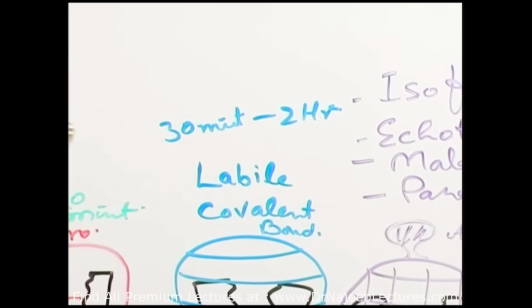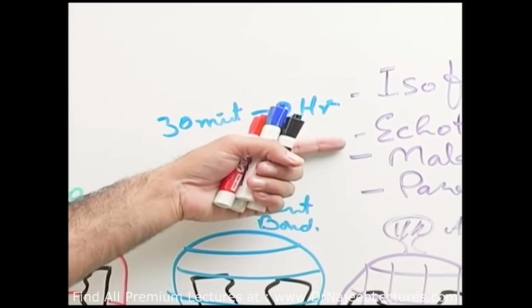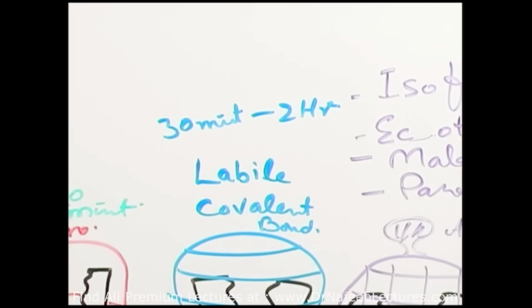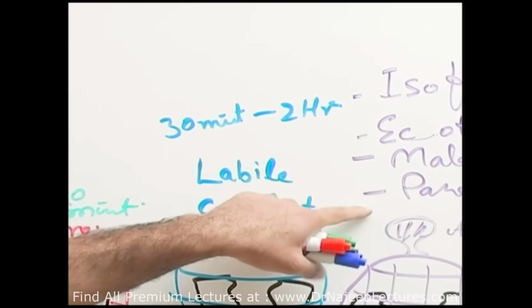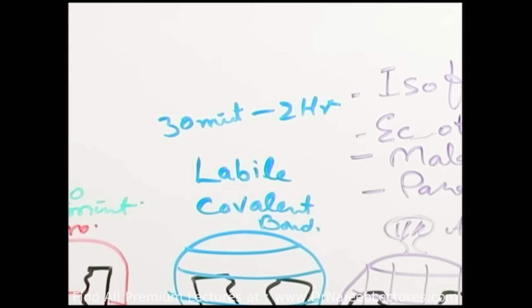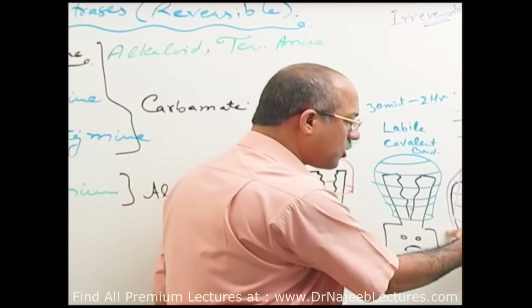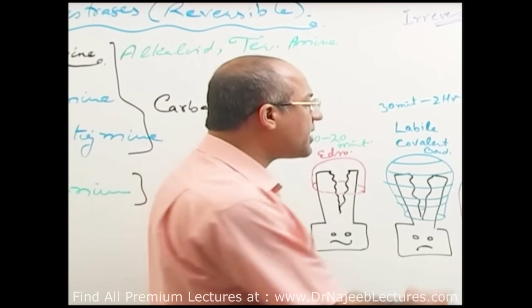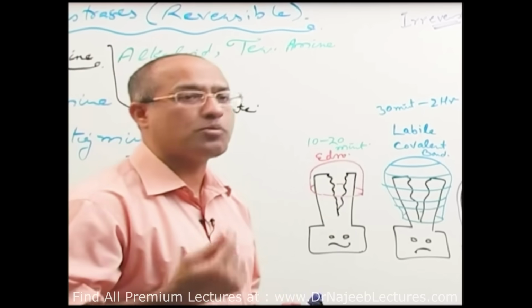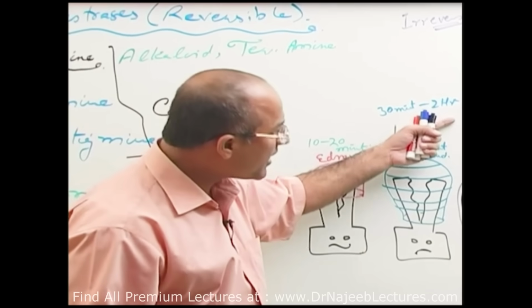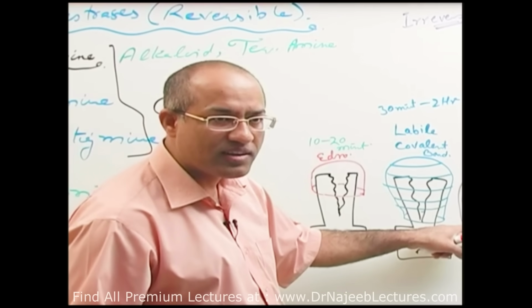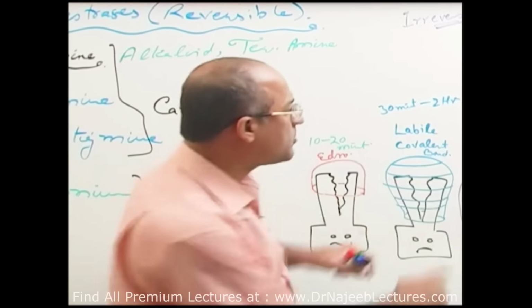Ecothiopate, malathion, parathion and related compounds are very nasty compounds. They make a very stable covalent bond with the acetylcholinesterase, so they really bind it strongly. And then another complication is there. Once they remain sticking to the enzyme for about 30 minutes or more, this alkyl group detaches.